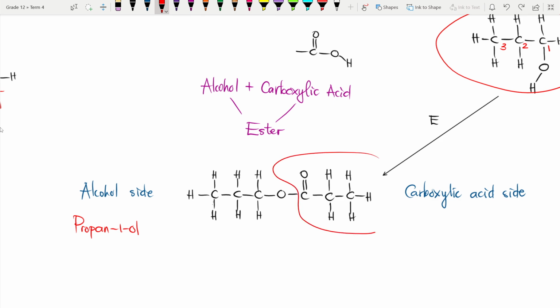Okay, this tells me you forgot how to name carboxylic acids. But carboxylic acids always end this way, and if I have 3 carbons, that means it's propanoic acid. That's it. Propanoic acid. Because carboxylic acids always end with oic acid.